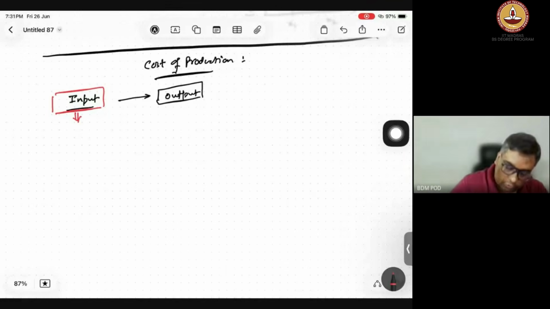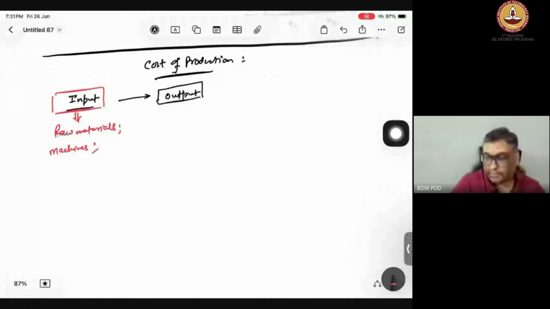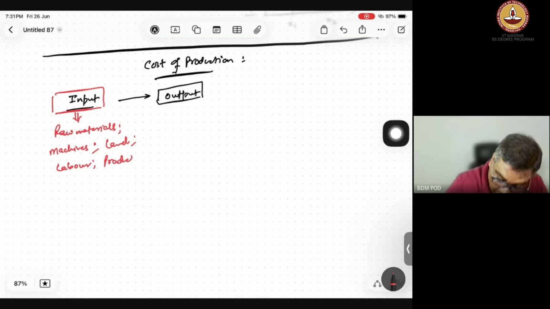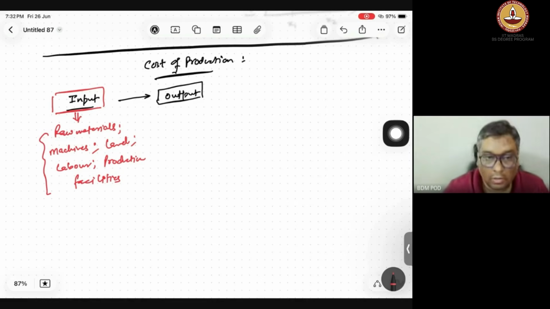For input we need raw materials, machines, land, labor, and a production facility. So these are the things required for converting your input to output.